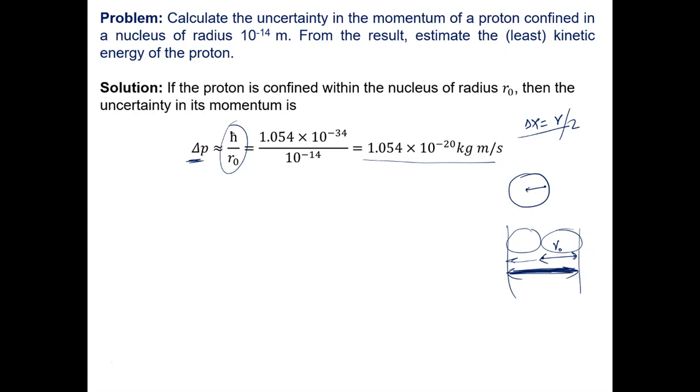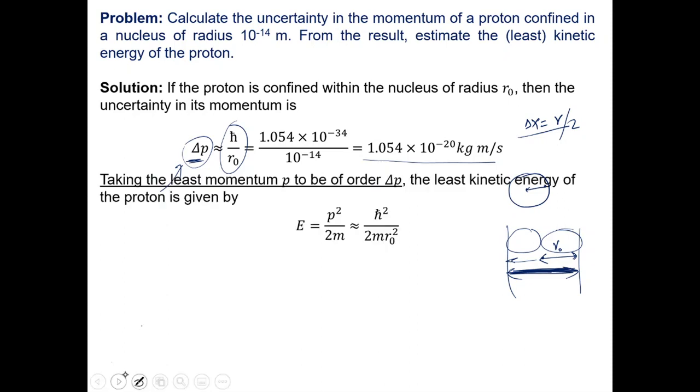The question is, what will be the least kinetic energy of the proton? The least kinetic energy of the proton is linked to the least momentum of the proton. If the uncertainty in the momentum of the proton is delta P, we know that from various readings, one of the values of the momentum would certainly be equal to delta P. So we can say that delta P could be the least momentum, and from this we can find the least energy of the proton.